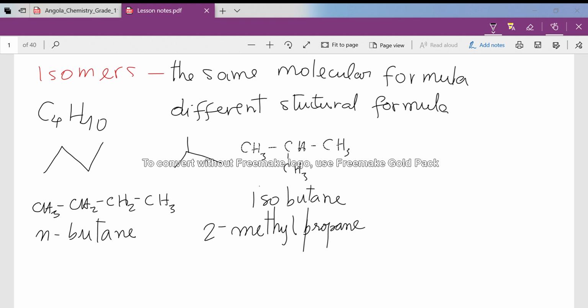It's just a different way of writing it: two different structures, two different names. They have the same number of atoms but different structure. So this is what isomers are.